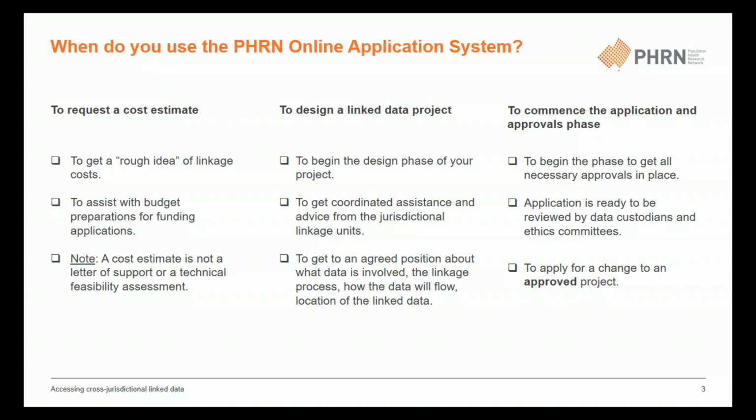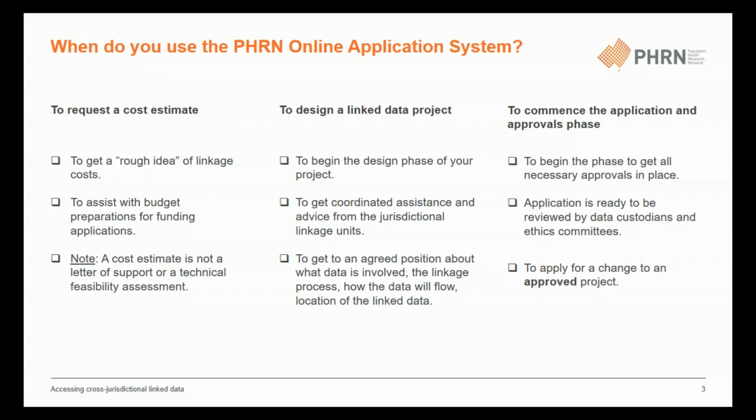If you have an approved project in the online application system, you can also use it to put an amendment in. You can only do that for approved projects in the system. An amendment is useful because you don't have to redo a whole application form.